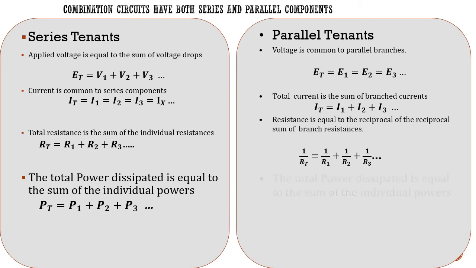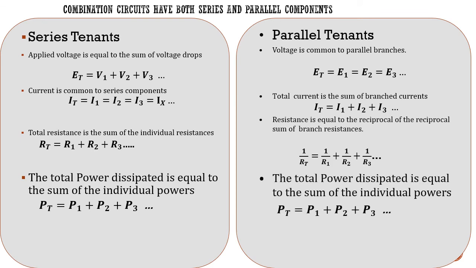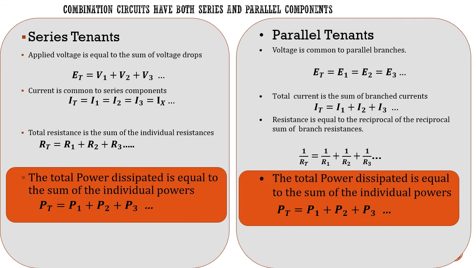In parallel, voltage is common, but current adds, and resistance is a reciprocal sum. But powers also add directly or vectorially. It doesn't matter whether it's series or parallel. Powers always add.